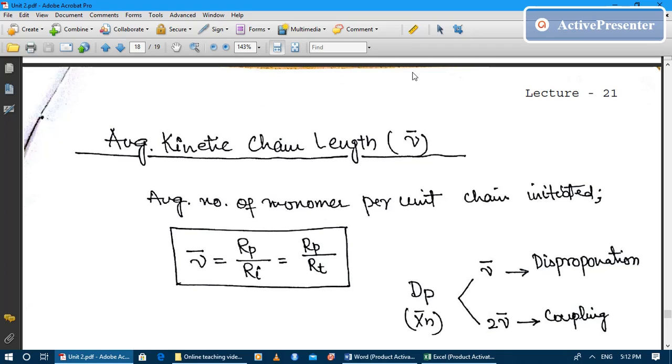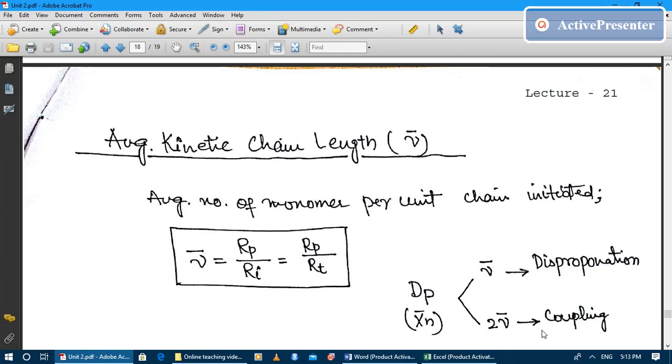The number of chains in the final polymer will depend upon the mode of termination, whether by coupling or by disproportionation. Here it is important to understand that in any polymerization reaction, the mode of termination is not exclusively by any one of these techniques. Neither 100% of chains terminate by disproportionation nor by coupling.